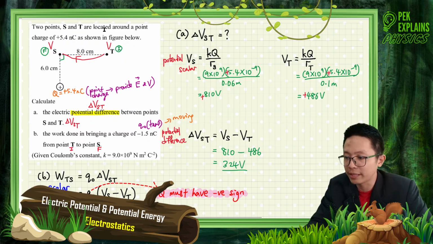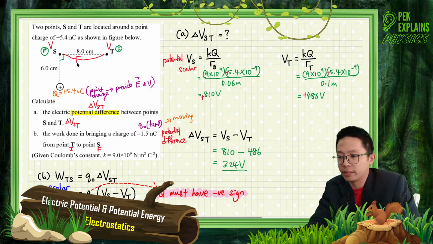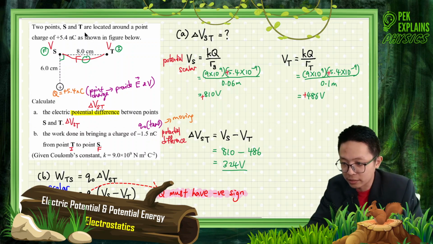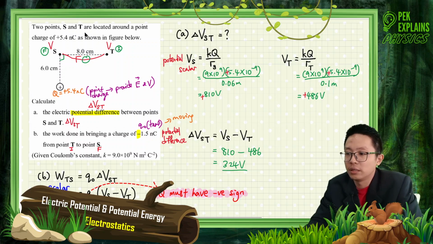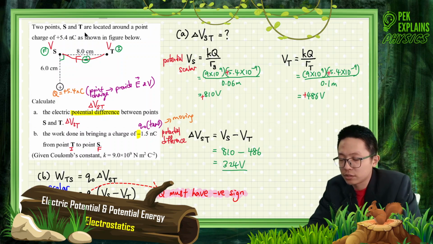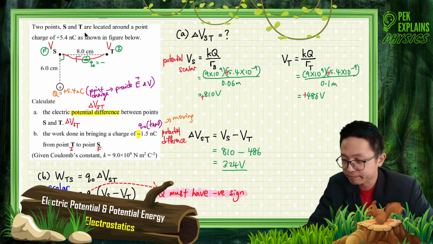That means I'm moving the test charge from T to S. It's a negative test charge. Be careful. How should I write negative test charge? This is the Q naught, which is a negative test charge.